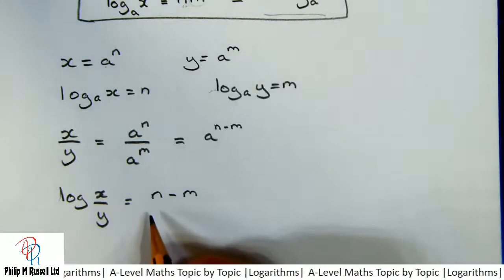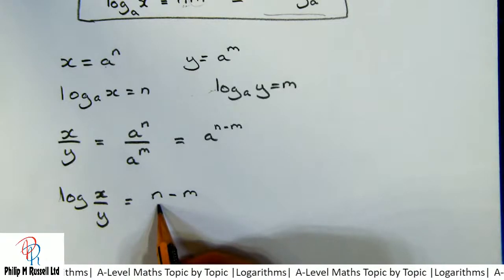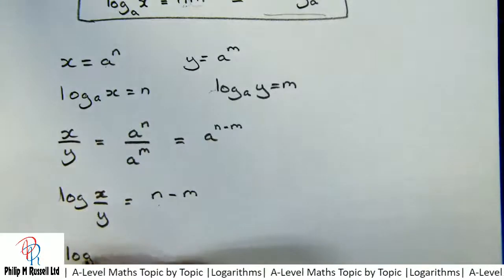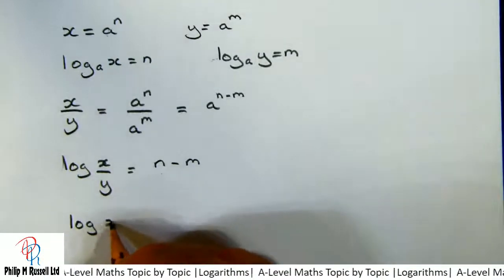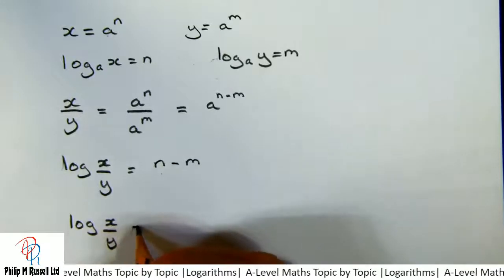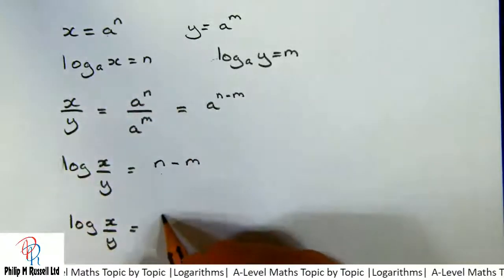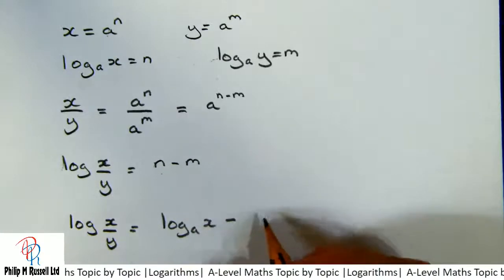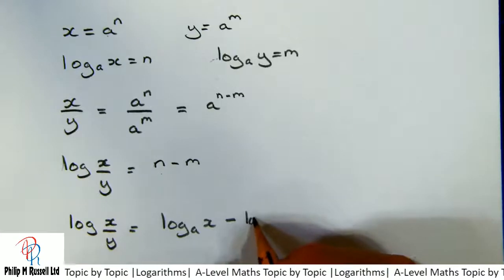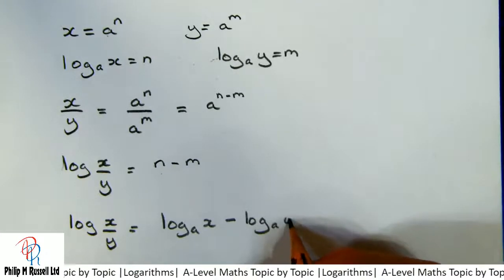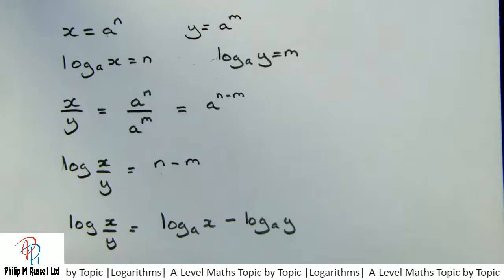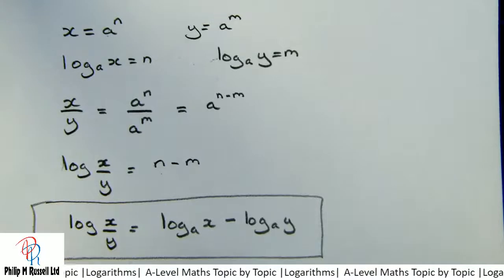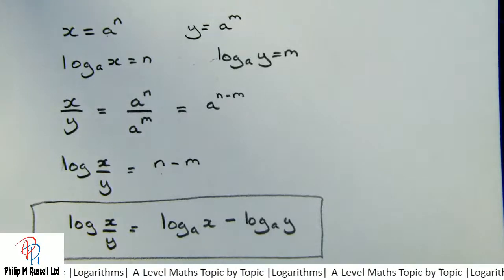And n, we know, is log a of x. So log of x over y is going to be log a of x minus log a of y. And there's another rule that we need to be aware of.